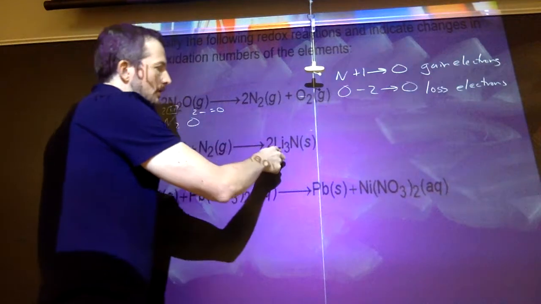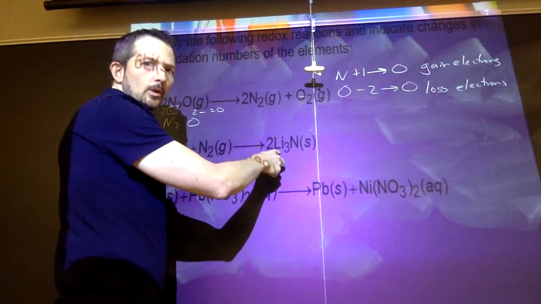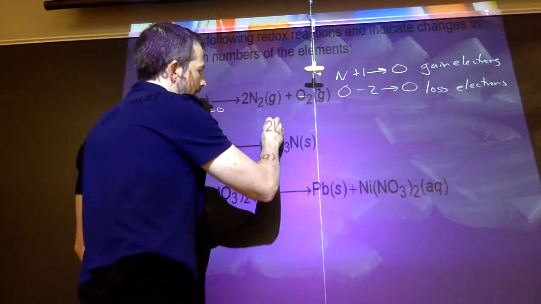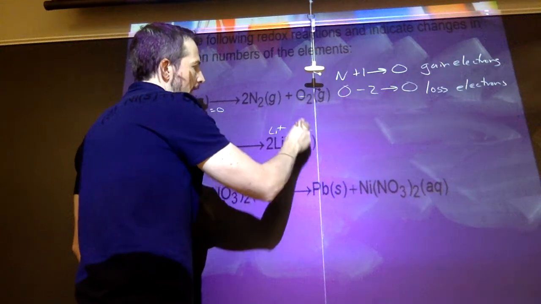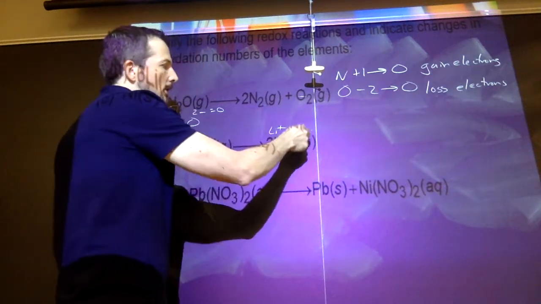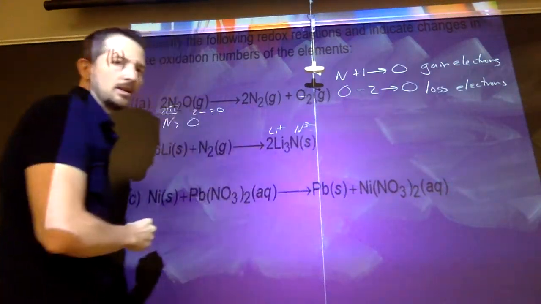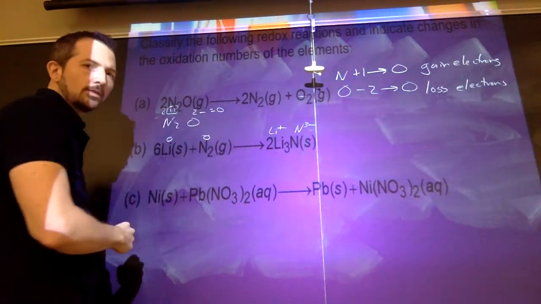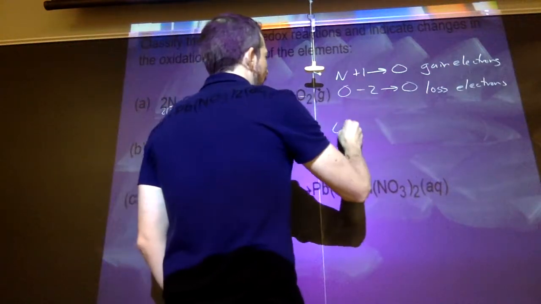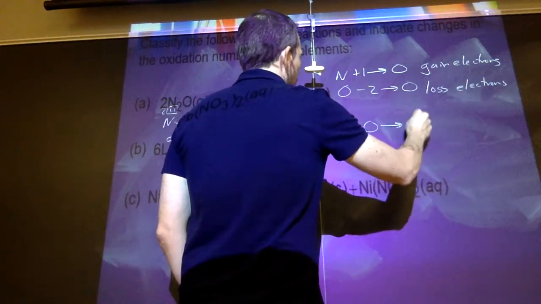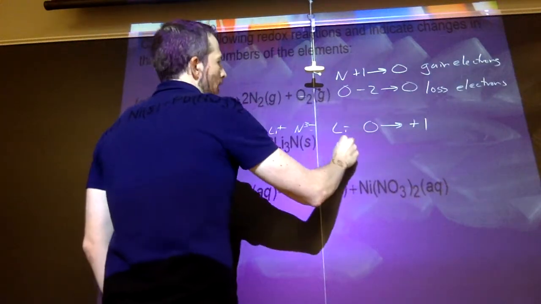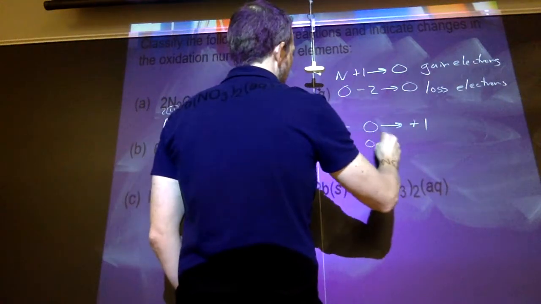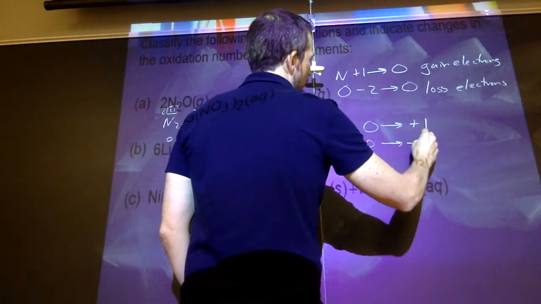So here, lithium, I know it's in group 1, so I know it's plus 1. Nitrogen, okay, if this is plus, nitrogen must be a 3 minus. So here they're in the elements, so they're 0, so lithium goes from 0 to plus 1. Nitrogen goes from 0 to 3 minus.